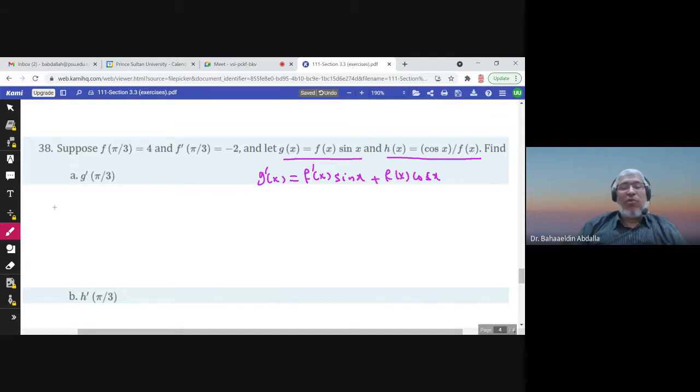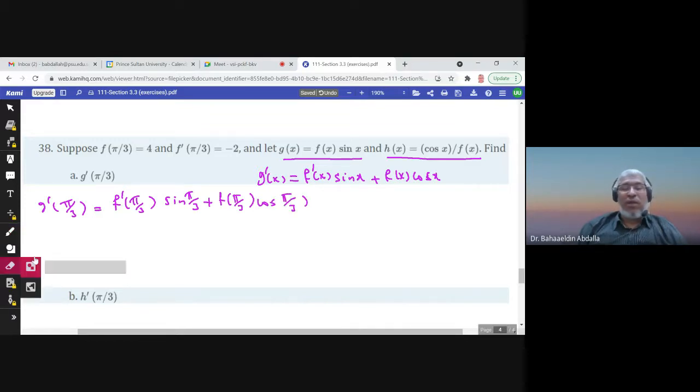So g prime of pi over 3 would be f prime of pi over 3 times sine pi over 3 plus f of pi over 3 times cosine pi over 3. And either you use the triangles or the calculator to find sine pi over 3, or you know them, it's okay.